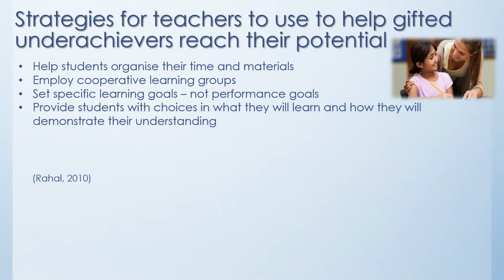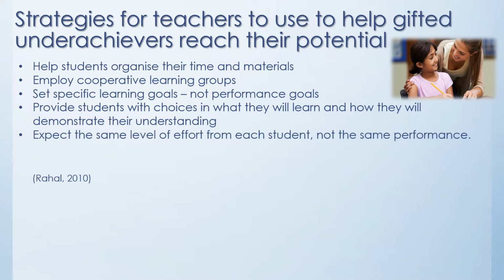Provide students with some choice in terms of what they will learn and how they will demonstrate their understanding of the task. Expect the same level of effort from all students, not the same performance. And with this, don't compromise your expectations because of one's attitude, culture, or socioeconomic background. Praise specific accomplishments.